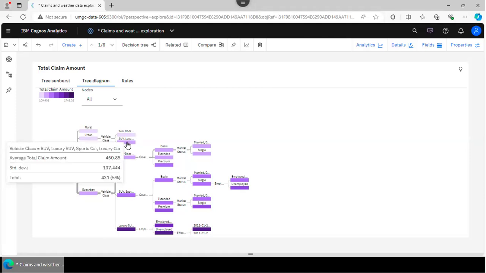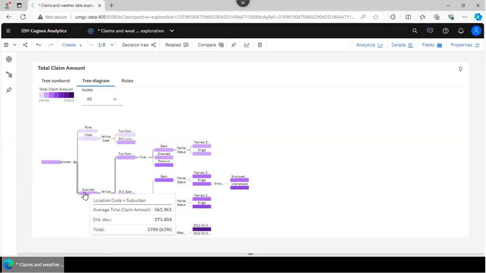And I need to mention that the color code of a node represents the relative total claim amount. The darker the shade of the node, the higher the total claim amount. For example, I take this branch if location code is suburban, right?